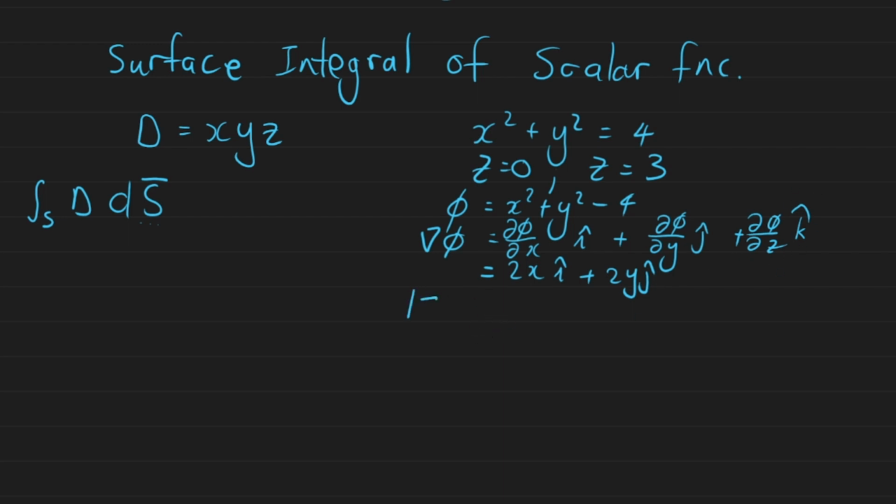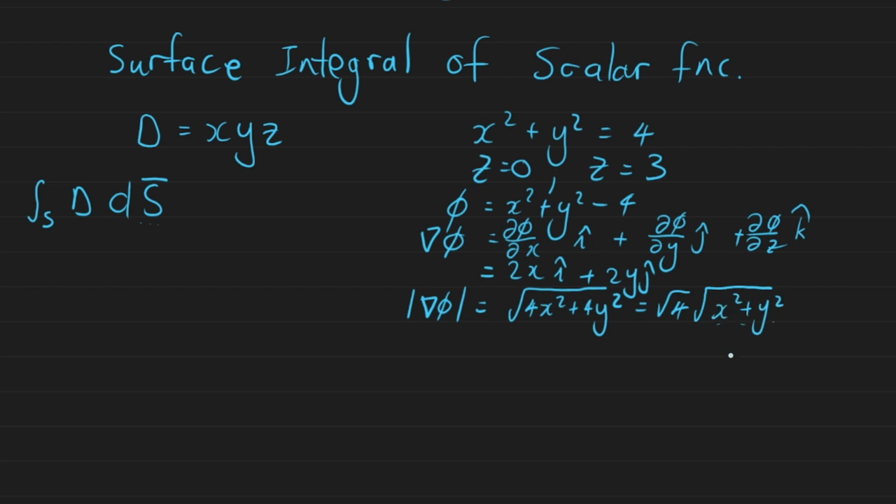The magnitude of this gradient vector is the square root of each of the components squared, so that becomes the square root of 4x squared plus 4y squared. We can pull out the square root of 4 as a common factor, and we're left with the square root of x squared plus y squared.